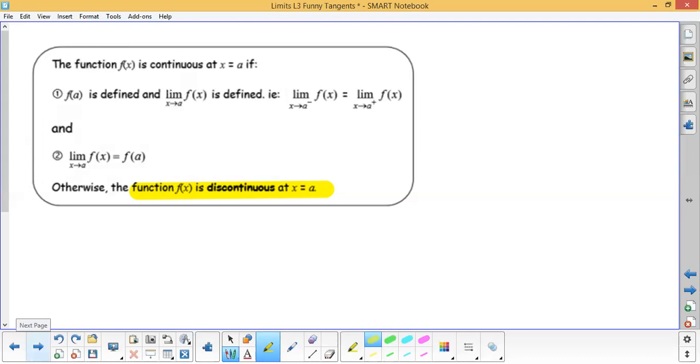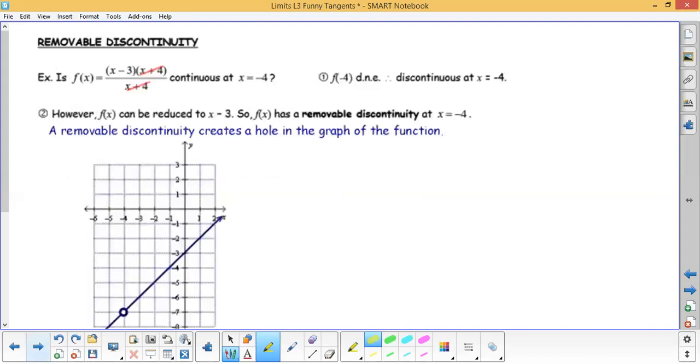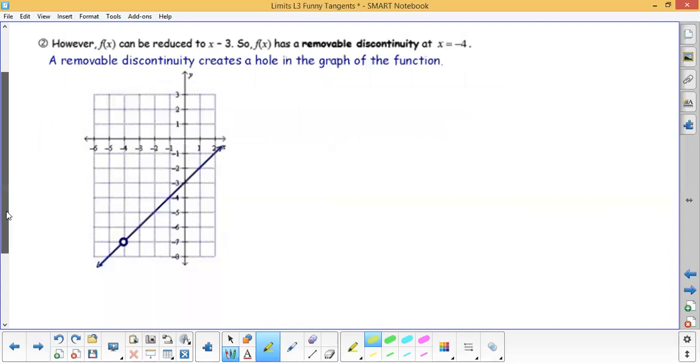We're going to talk right now about different forms of discontinuities. The first one is a removable discontinuity, which you learned in MCR when you're canceling from the numerator and the denominator and you have what you would call before a restriction. That is really a point in the function that makes it discontinuous, and it creates a hole in the graph of the function like you would see right here.